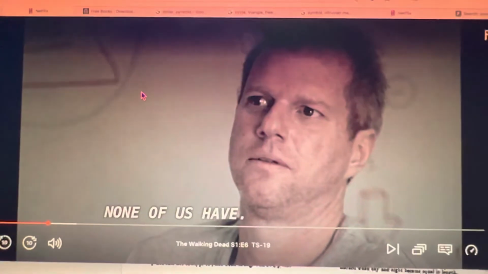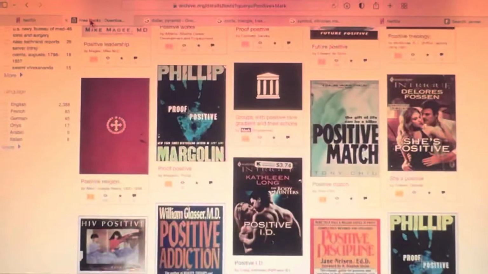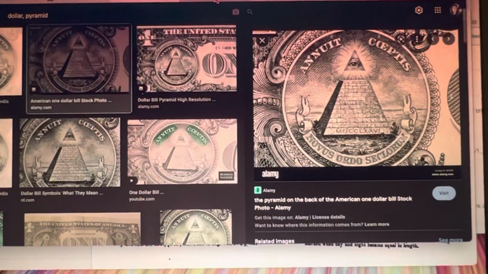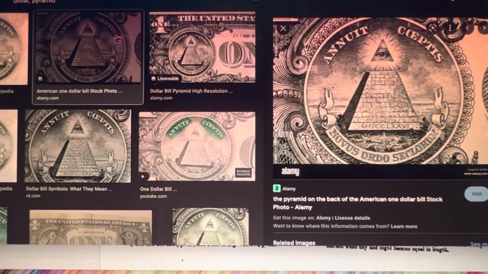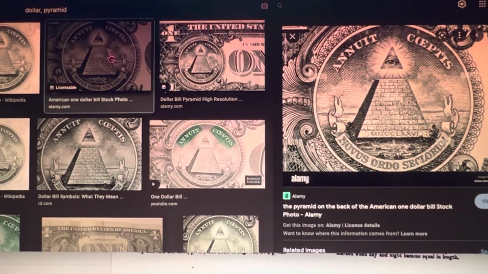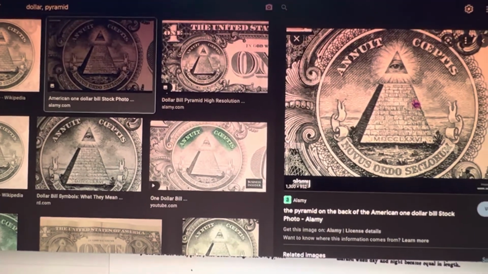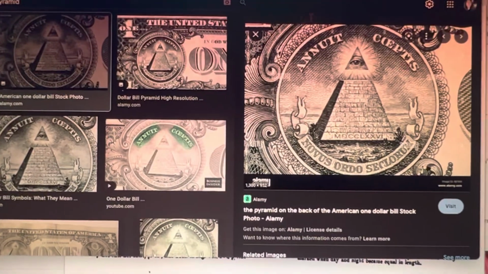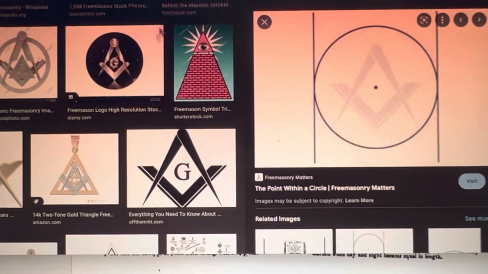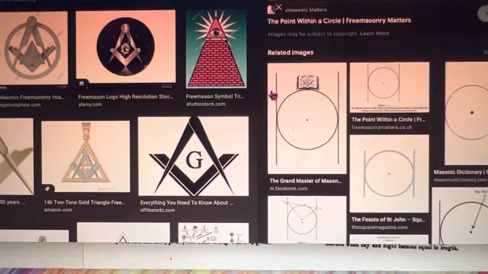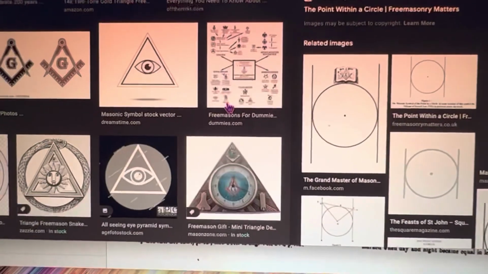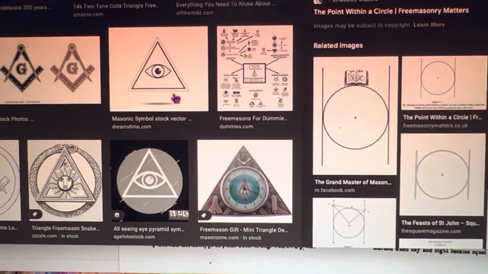So the negative, so he was acting like the negative of what he was. But there you have it. We know by now that the pyramid and the circle are Freemason symbols. They're on the dollar. They play throughout in Freemasonry. And there's a lot of it in The Walking Dead.